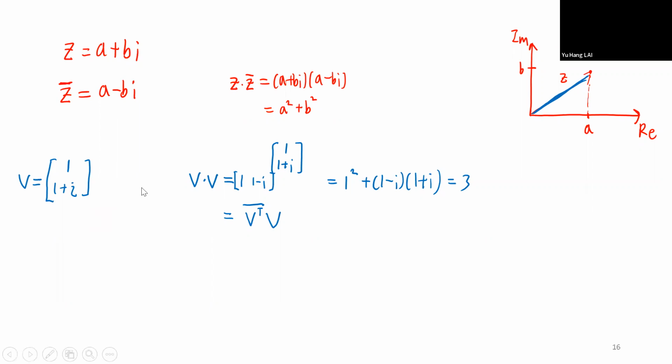Let me just say V1 is given by a first complex vector, V1, V2, and another vector V2, also a complex vector, which I call W1 and W2.